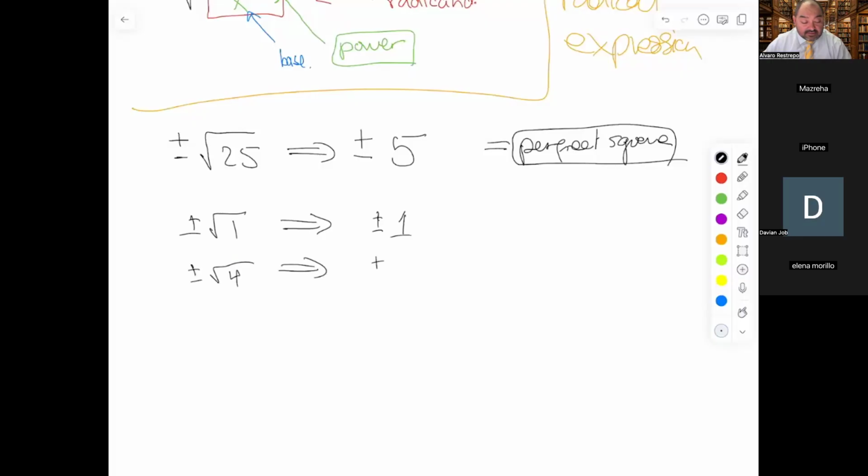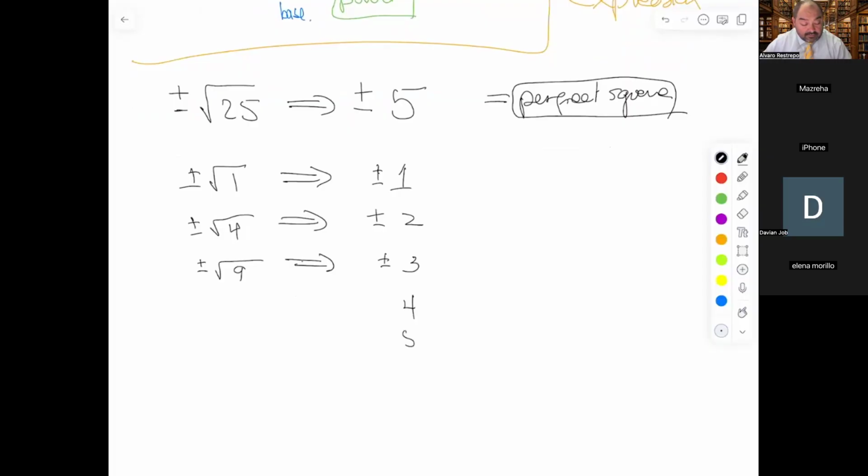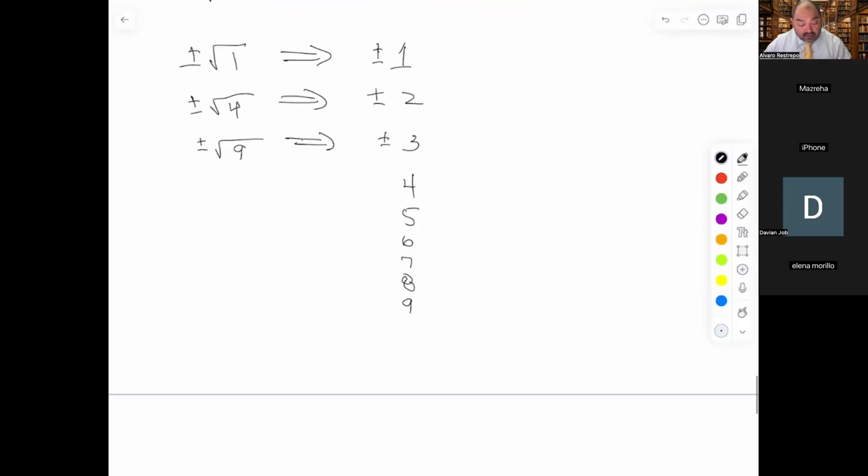This is going to give us positive, negative what? 2. 9. What is this going to give us? 3. And we're going to have 4, 5, 6, 7, 8, 9, 10, 11, and 12. Square root of 16, square root of 25, square root of 36, square root of 49, square root of 64, square root of 81, square root of 100, square root of 121, square root of 144.